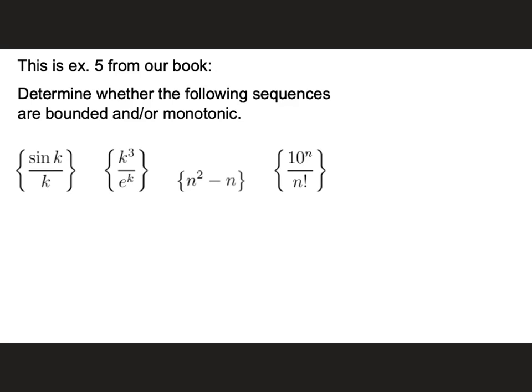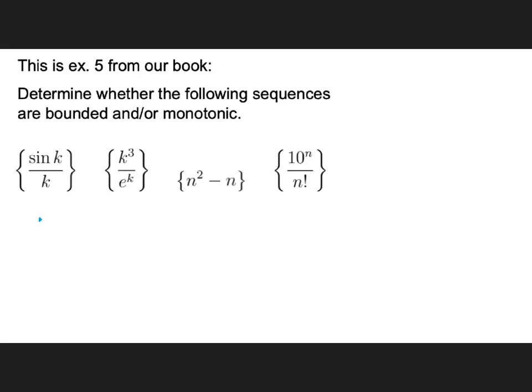All right, so determine whether the following sequences are bounded and or monotonic. So sine k over k. If we were to look at the values of sine k over k, one way to approach this is to go to Desmos and put these in. Think of it as sine x over x.